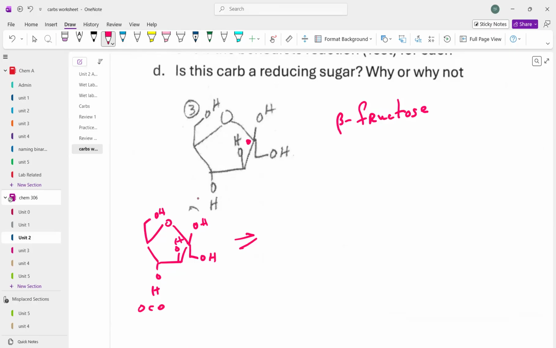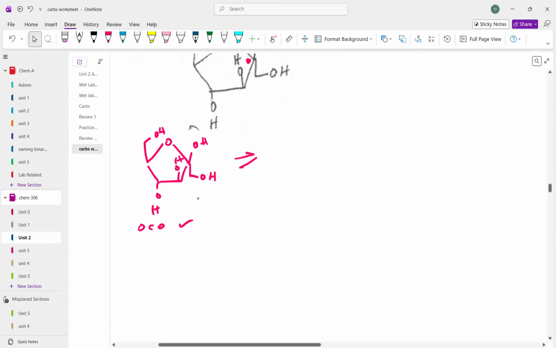We have OCO, and hydroxyl is present, and no hydrogen. That means it's a hemiketal.